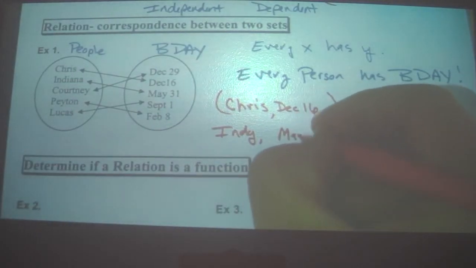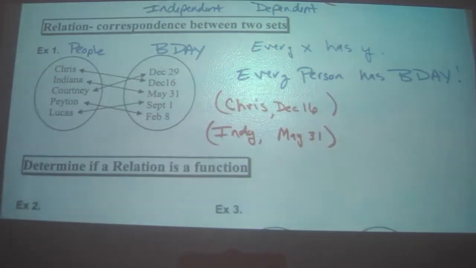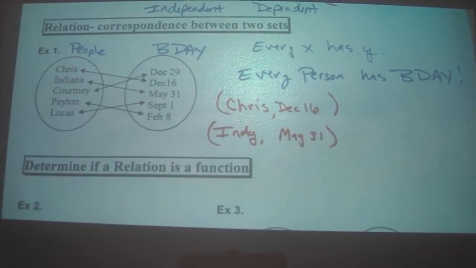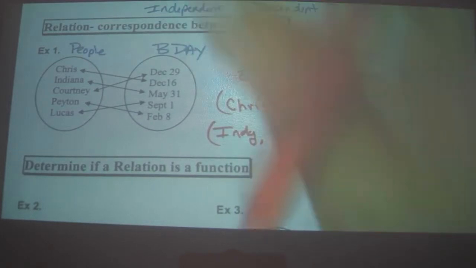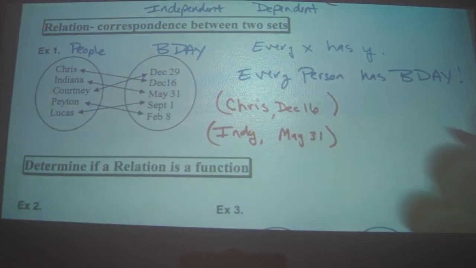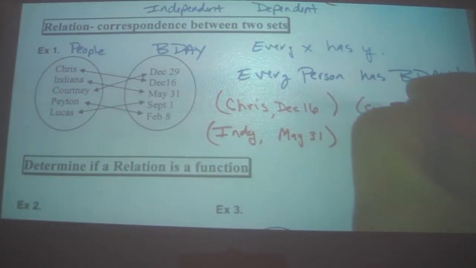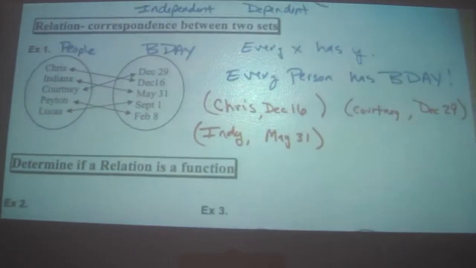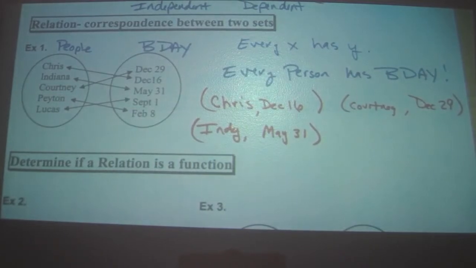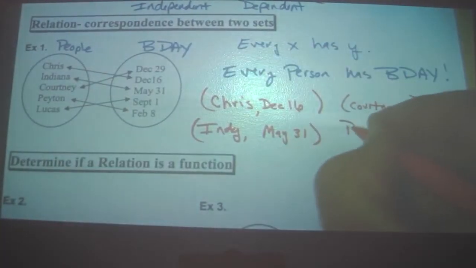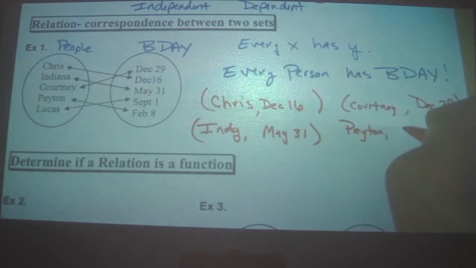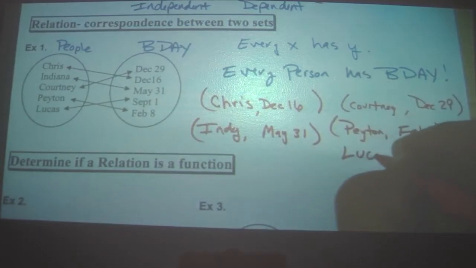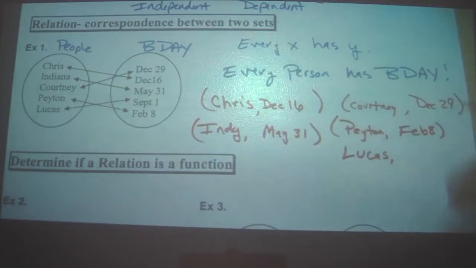That's May 31st. Then we kind of go through the line. Courtney, when's Courtney's birthday? What do you guys got? December 29th. And we kind of go through the line. Peyton's birthday is February 8th. And then Lucas, his birthday looks like September 1st.